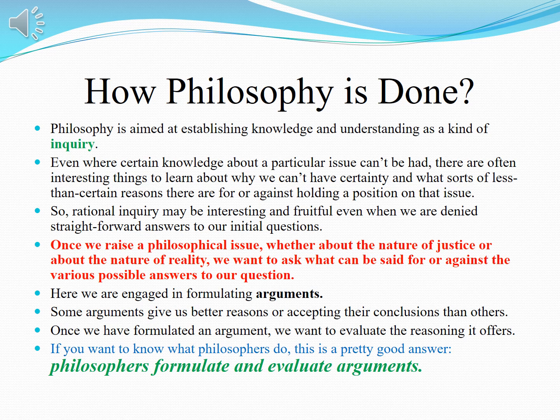If you want to know what philosophers do, this is a pretty good answer: philosophers formulate and evaluate arguments. So the basic job of a philosopher is to formulate arguments for and against some issues and then evaluate them. So that is how philosophy is done.